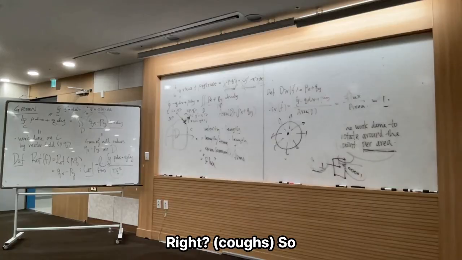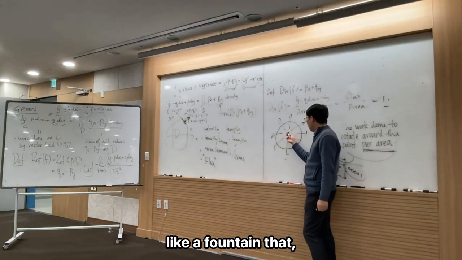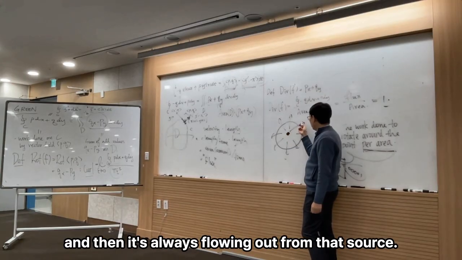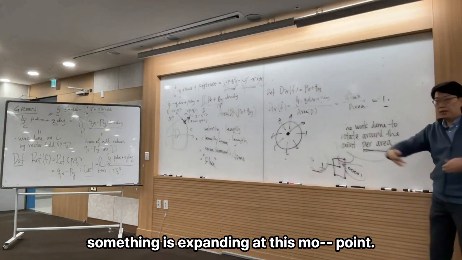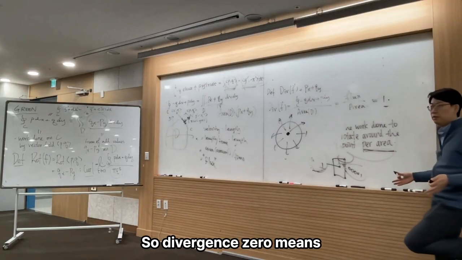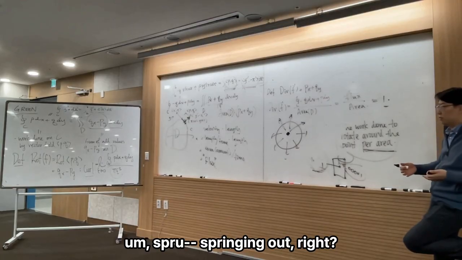So it's like a fountain that springs water or liquid at that source, and it's always flowing out from that source. That's called divergence: something is expanding at this point. Divergence 0 means that nothing is actually springing out.